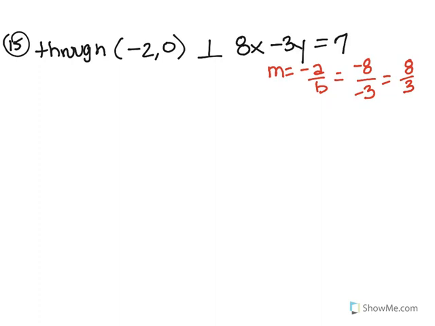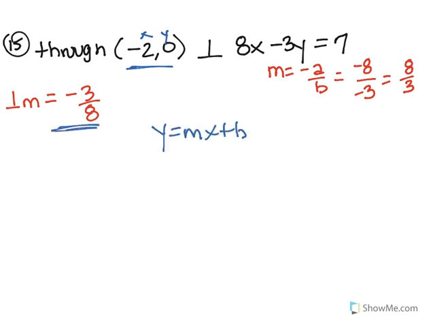But you don't use the same slope. You need the perpendicular slope, which will be what? Negative 3/8. Opposite sign and flip it. So you're going to take the point and this slope, and you're going to plug it into y equals mx plus b.